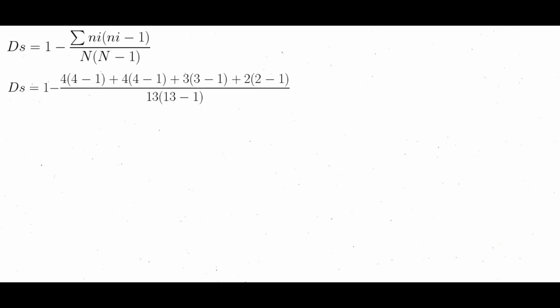So, DS equals 1 minus [4, the number of individuals in the species blue, times 4 minus 1, plus 4, the number of individuals in the species orange, times 4 minus 1, plus 3, the number of individuals in the species red, times 3 minus 1, plus 2, the number of individuals in the species white, times 2 minus 1].